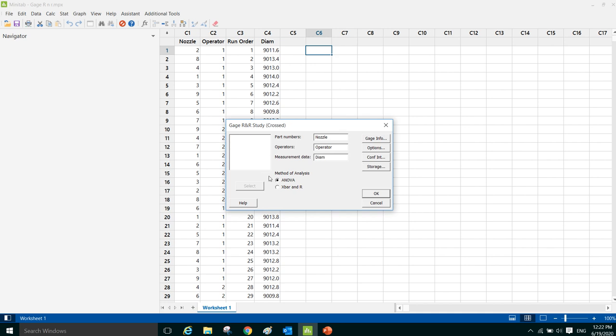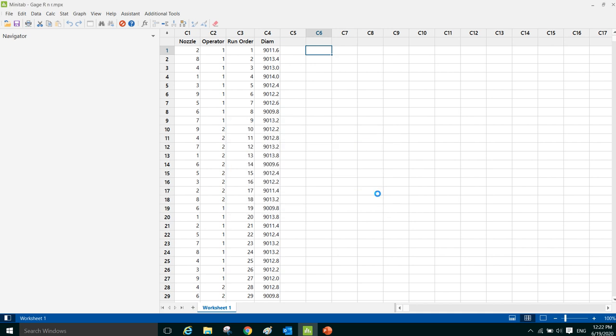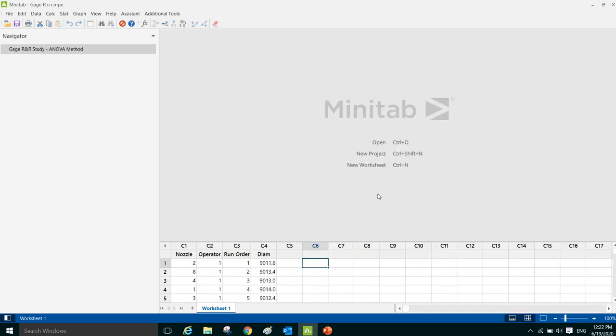And for crossed, I usually use ANOVA because ANOVA estimates the variance more accurately and provides more information about interaction, whereas Xbar and R will not be able to calculate the variance of the operator by part interaction. And the rest I leave as default.